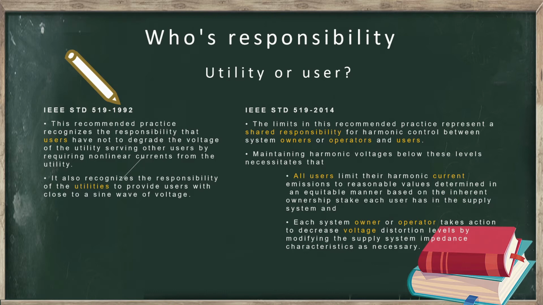Well, for the version in the year of 2014, the owner and users share the responsibility for the harmonic control between the systems. All users must limit their harmonic current emission to reasonable value, and the system owner has to take the action to decrease the voltage distortion level.